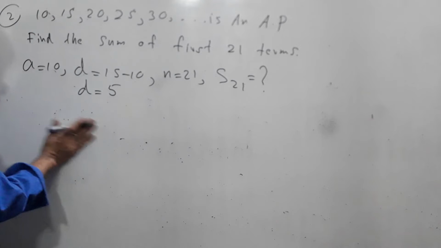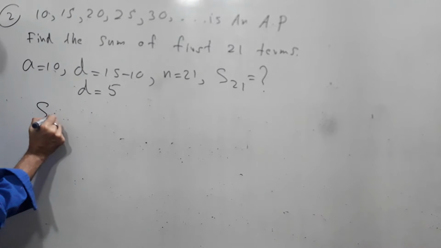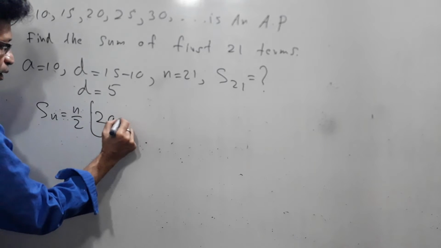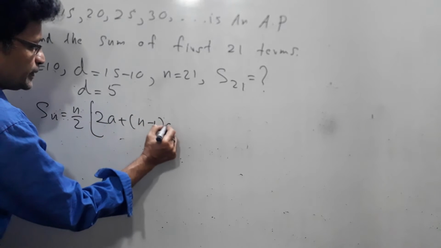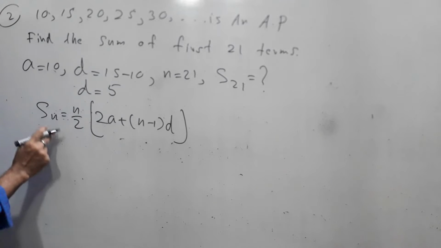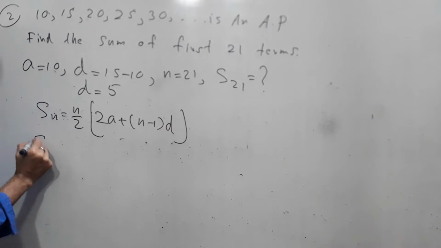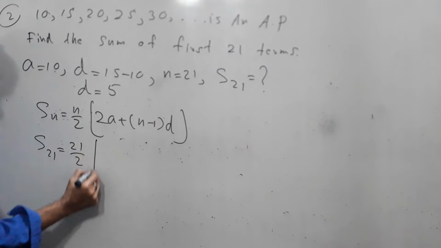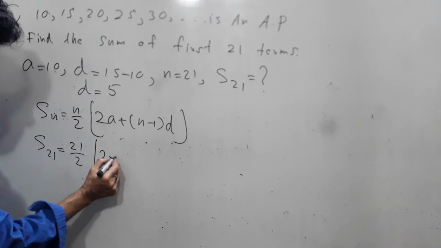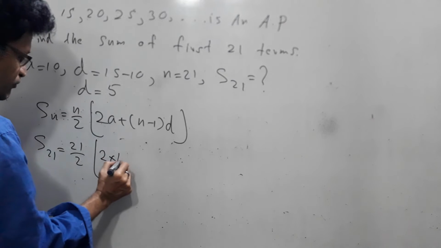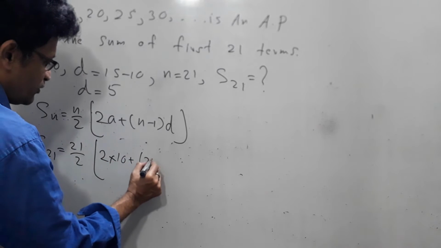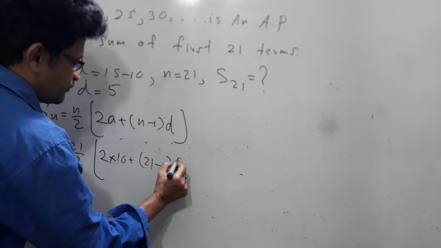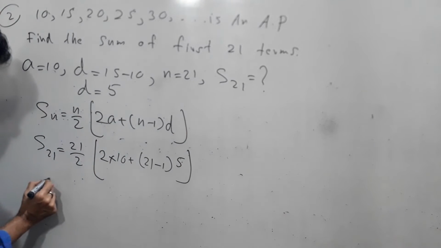Then you write the formula Sn equals n over 2 bracket 2a plus (n minus 1) d. Then you substitute n equals 21: S21 equals 21 over 2 bracket 2 times a, which is 10, plus 21 minus 1, d equals 5. Now you have to simplify this.